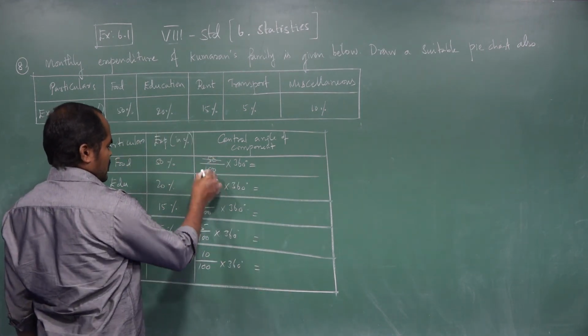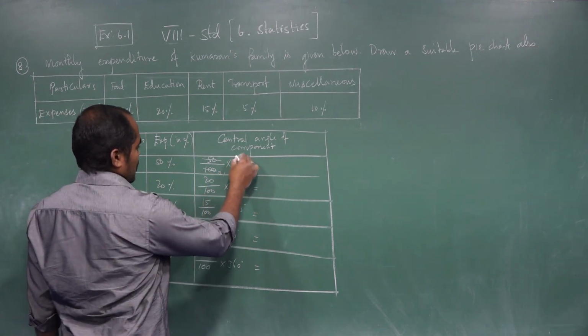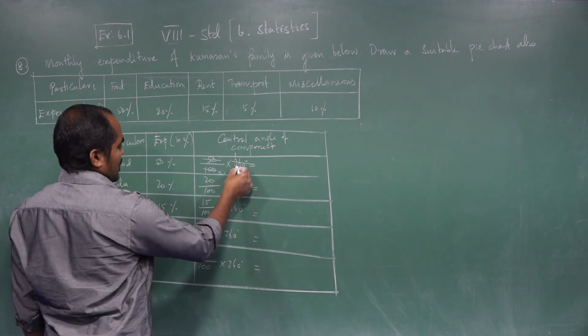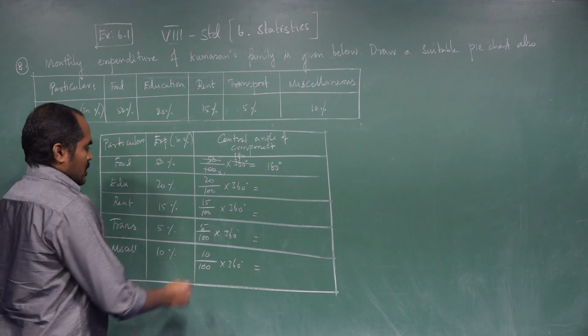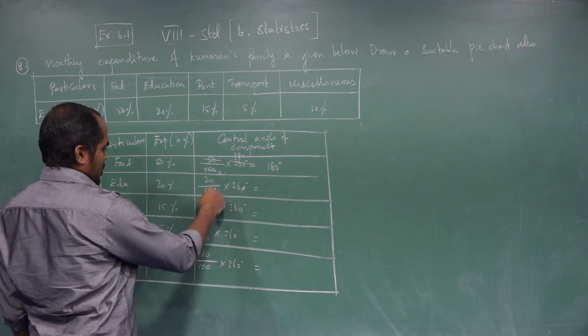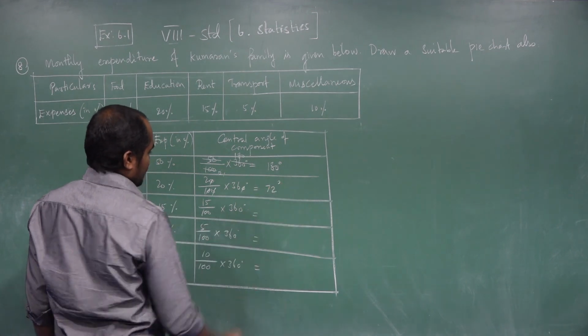So 1 5 is 50, 2 50s are 100, 1 2 is 2, remaining 1, 8 2s are 16, so this is 180 degree. Zeros cancel, 2 into 36 is 72 degree.